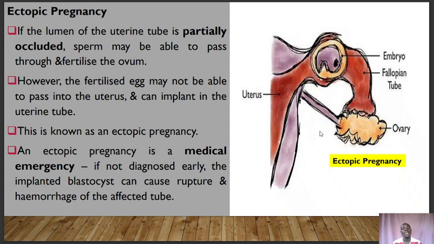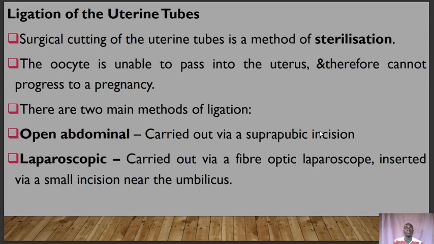So it implants into the uterine tube, and when such an instance happens, this is referred to as ectopic pregnancy. Ectopic pregnancy is a medical emergency, and if not diagnosed early, the implanted blastocyst can cause rupture and hemorrhage of the affected tube.